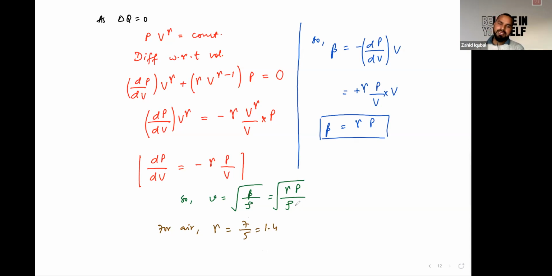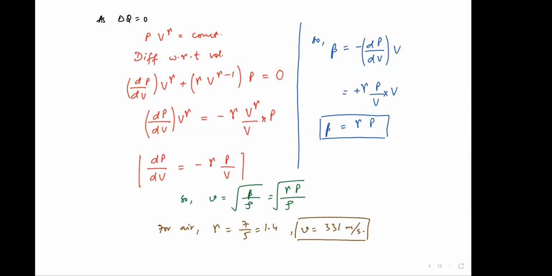Pressure we have 1 atm and density is 1.293. So on substituting, you will get velocity equal to 331 meters per second. Hence, it is accepted. Hiba, is it clear? Yes, sir. Okay, just write it down.